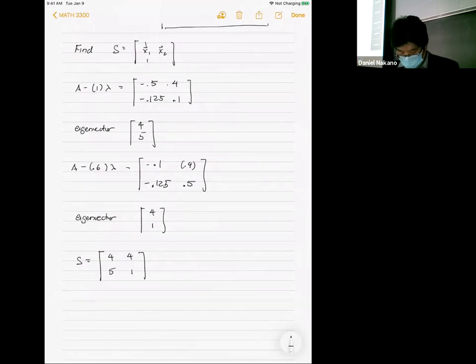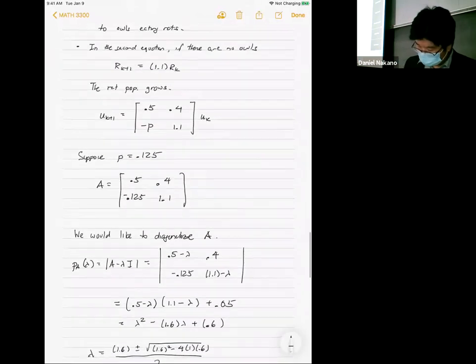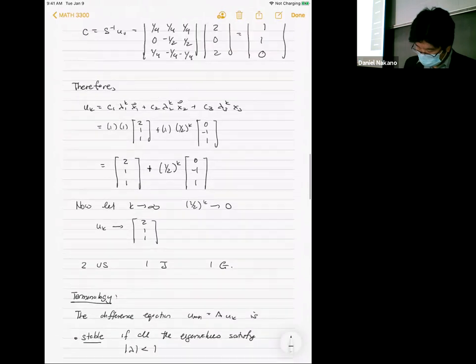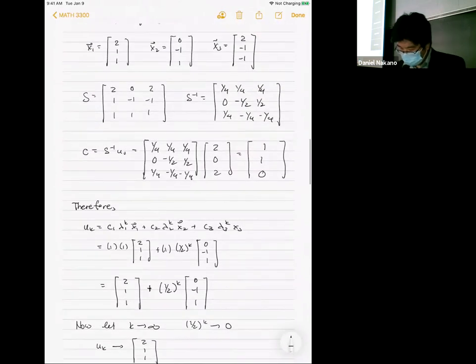Now, one other thing we should observe is we had this equation up here. Remember that the C here is going to be equal to S inverse times u0. So we can actually solve for u0 by multiplying S on both sides.